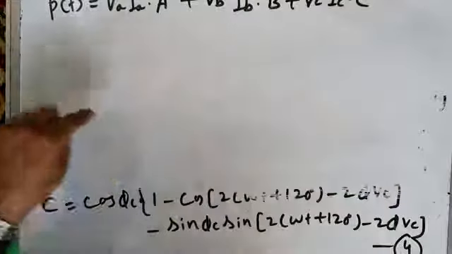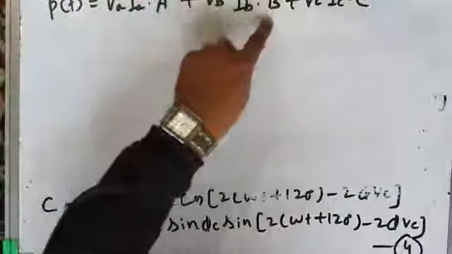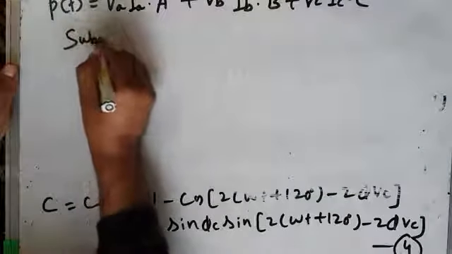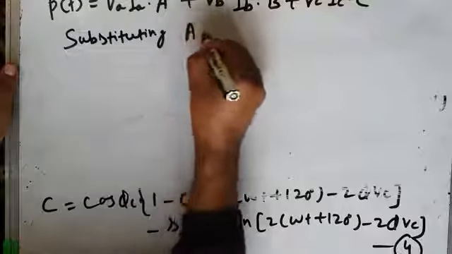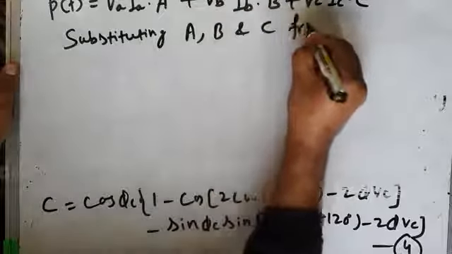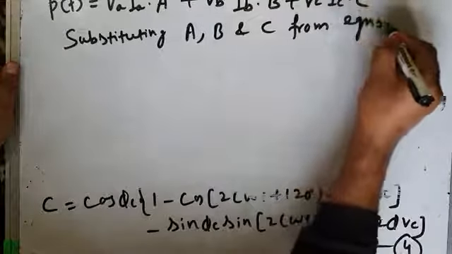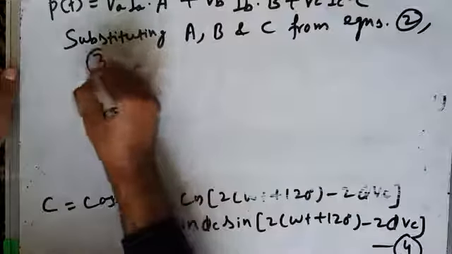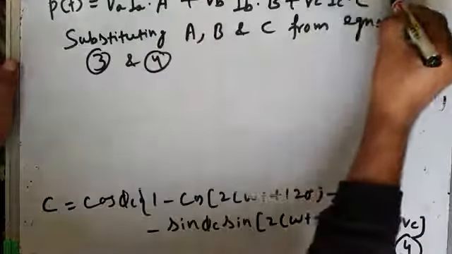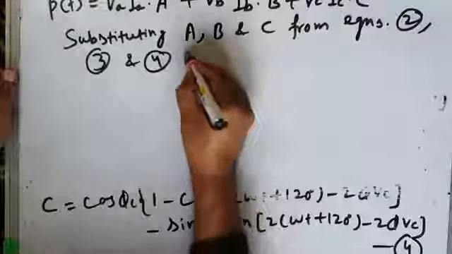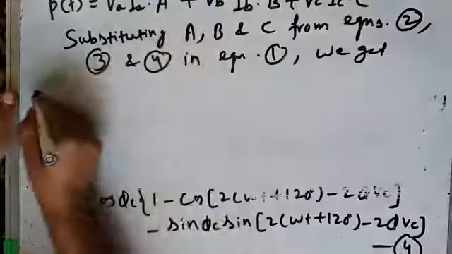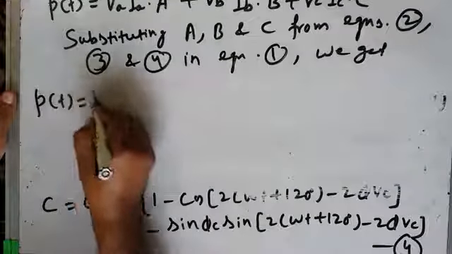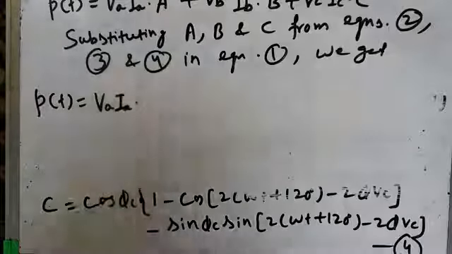Okay. Now we have equations for A, for B, and for C. So substituting A, B and C from equations 2, 3 and 4 in equation 1, what do we get? We get three-phase instantaneous power equal to VAIA into A. By the way, what is A?